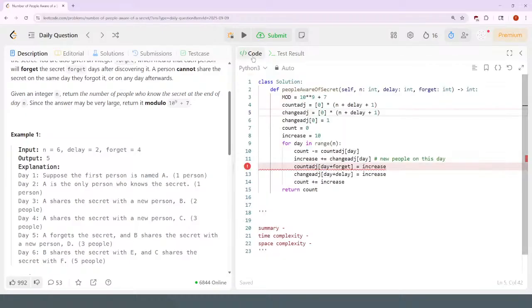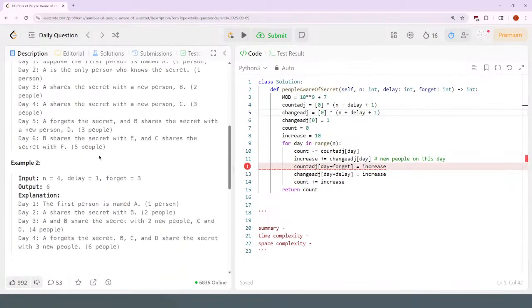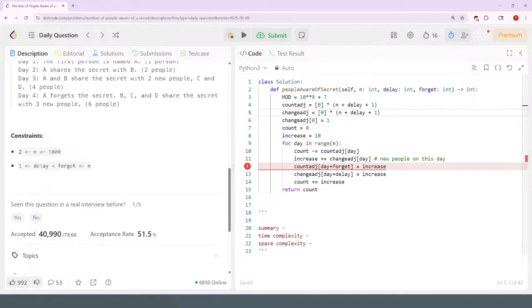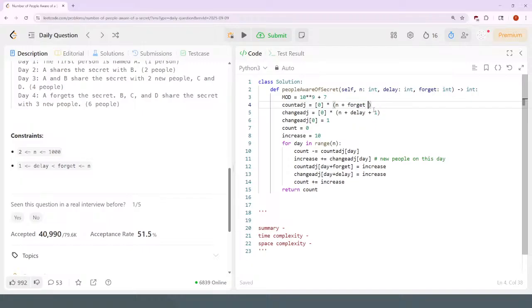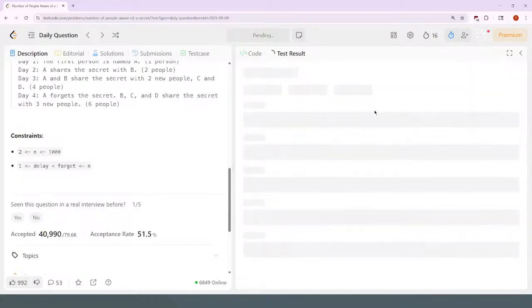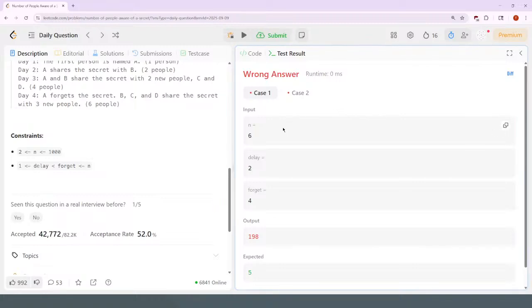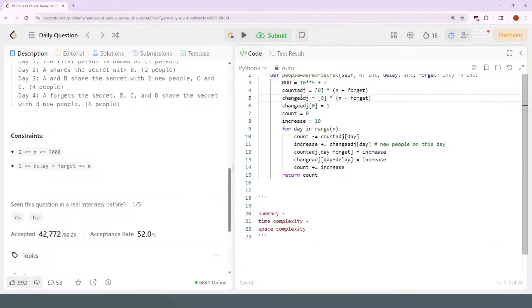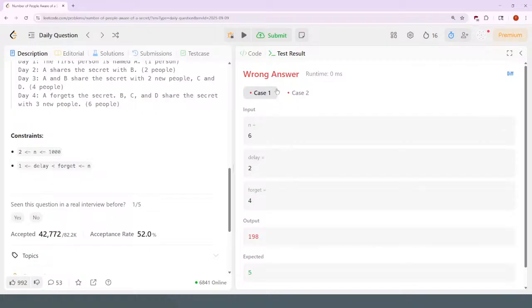Day plus forget. Really? It's going out of bounds. Oh, forget is possibly longer than the delay. Is the forget always longer than the delay? Yeah, okay, forget. I think it shouldn't need a plus 1. Could be wrong. Alright, pretty darn off.